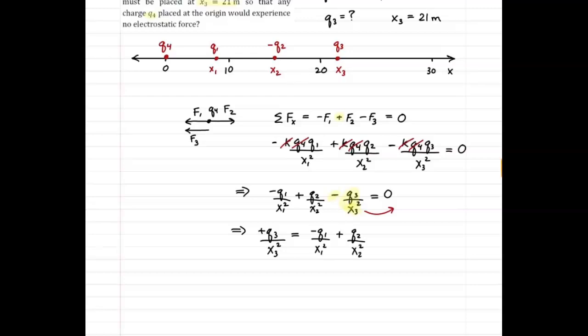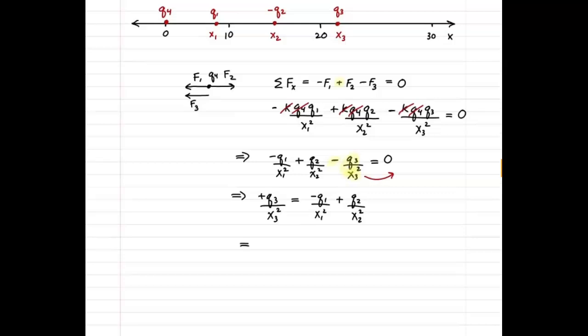Okay, and the last step to get Q3 will be multiplying everything by X3 squared. That'll cancel the X3 on the left here. Q3 equals X3 squared times, in parentheses, minus Q1 over X1 squared plus Q2 over X2 squared. Okay, so here's the step now that we should put in the numbers.